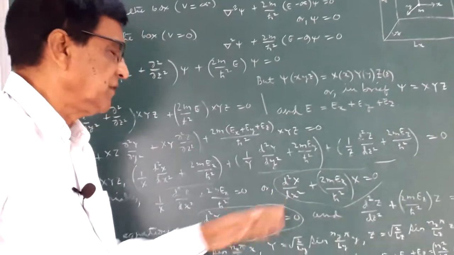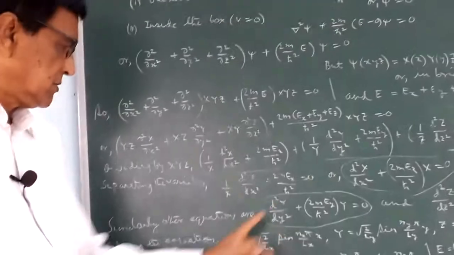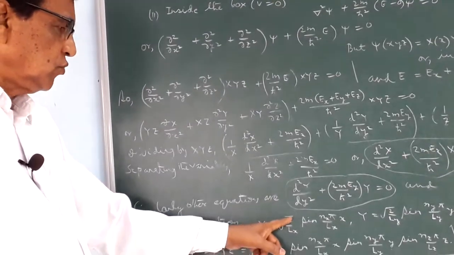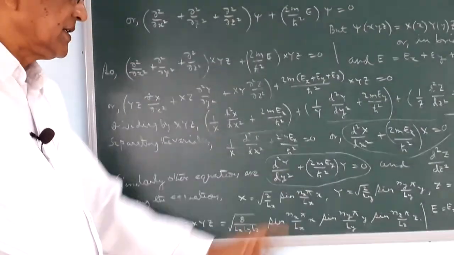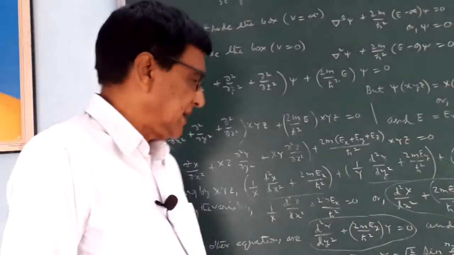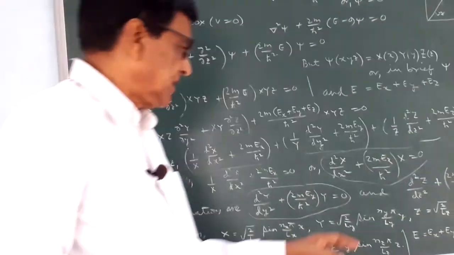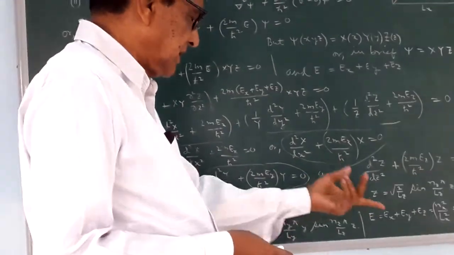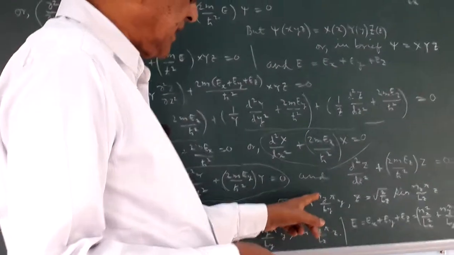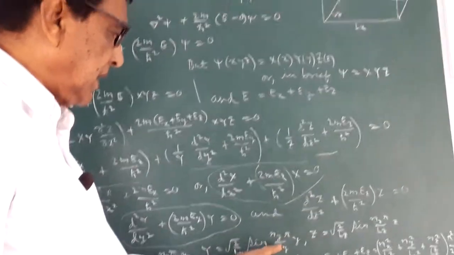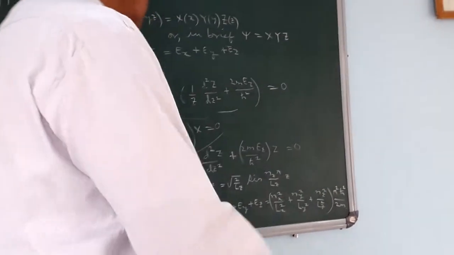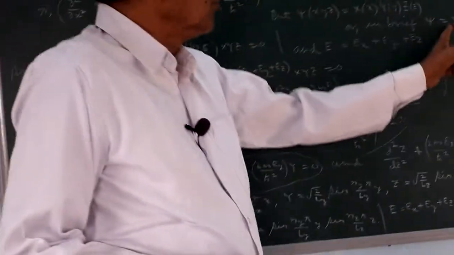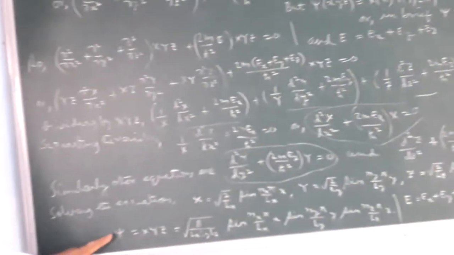So whenever we are solving this, this function will be root over 2 by Lx sin(nx π x / Lx). nx is the quantum number for this particle along the x direction. And y is in similar fashion, root 2 by Ly sin(ny π y / Ly), and z is similar.